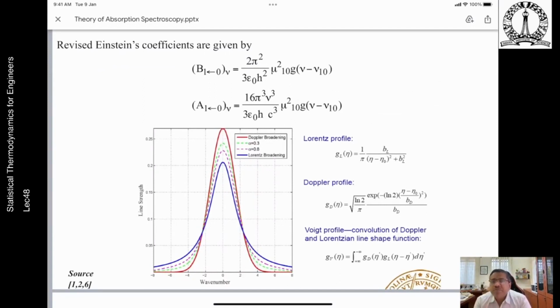The Lorentzian profile is given by that equation. And then there is something called Doppler broadening, which happens because of the motion of the molecules. The Lorentz profile comes from the pressure broadening. Together, the convolution of the Doppler and the Lorentzian line shape functions gives you the final line shape, which is called the Voigt profile.